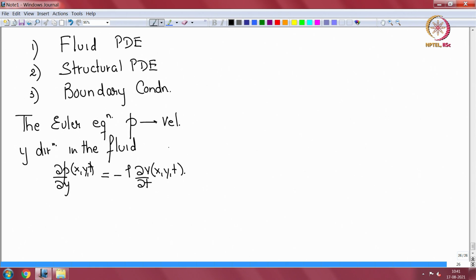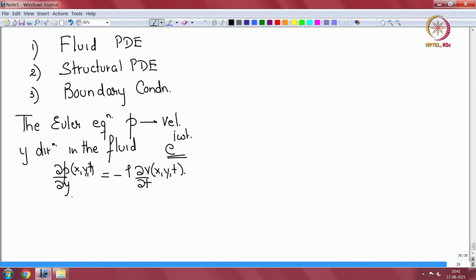But as I say, my time dependence is always this. So if I rewrite pressure as some spatial pressure into e to the power I omega t, and velocity as some spatial velocity and this e to the power I omega t, then e to the power I omega t can be removed.